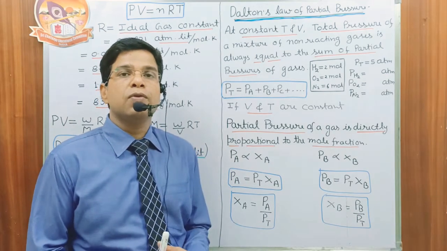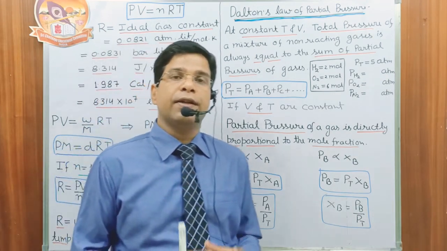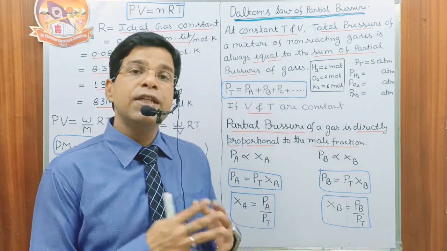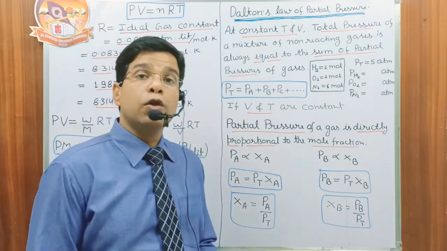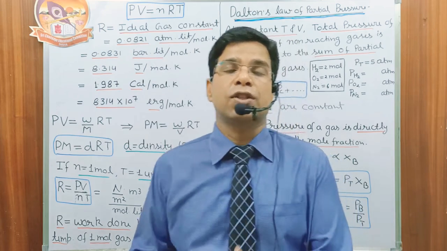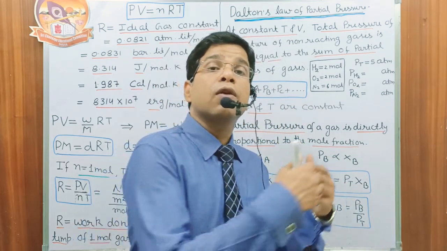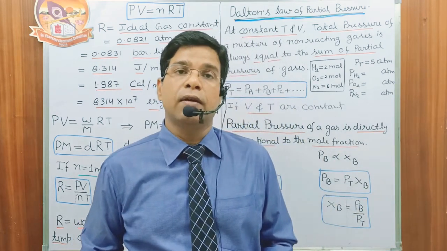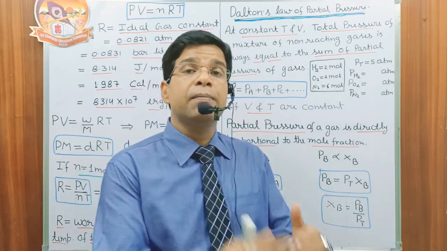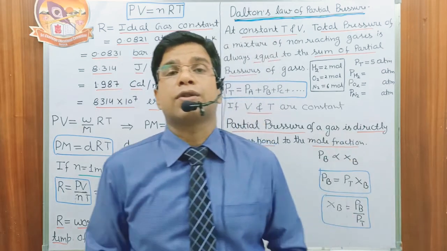Suppose we have a container and in this container we have non-reacting gases. These gases do not react with each other. Molecules of each component of the gas are colliding with each other, and also colliding on the wall of the container. When they collide on the wall, they exert a pressure, a force outside.